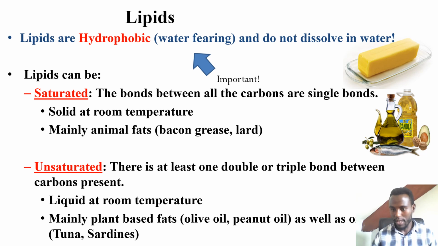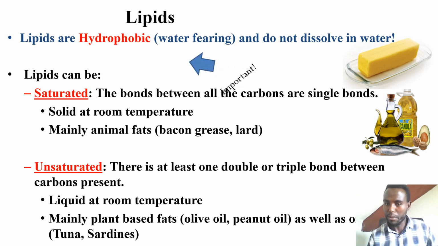Sardines and tuna are liquid, but where do they come from? They come from animals, from fish. So we take them as an exception. Except for oily fish, all unsaturated fatty acids come from plant-based fats. So it's a very important one, take it as important.